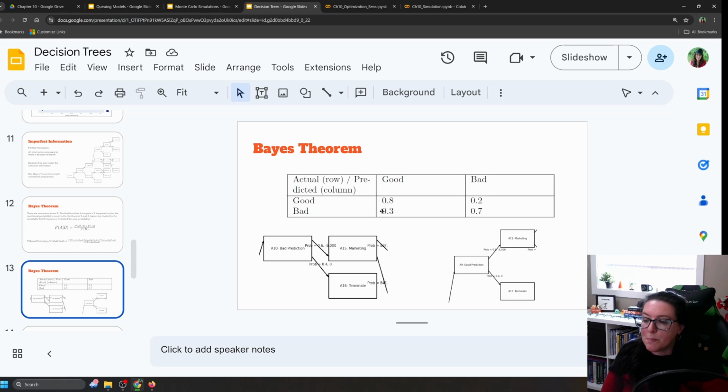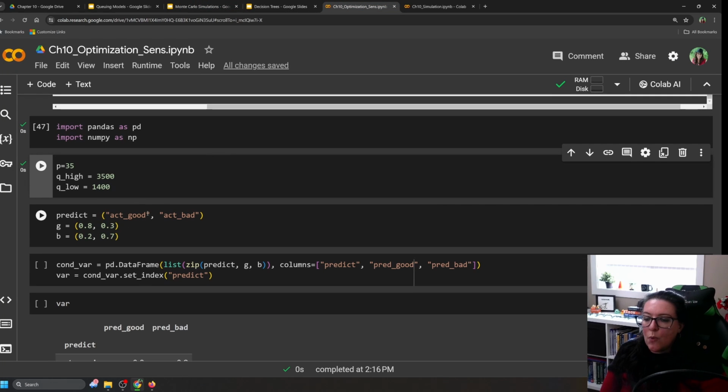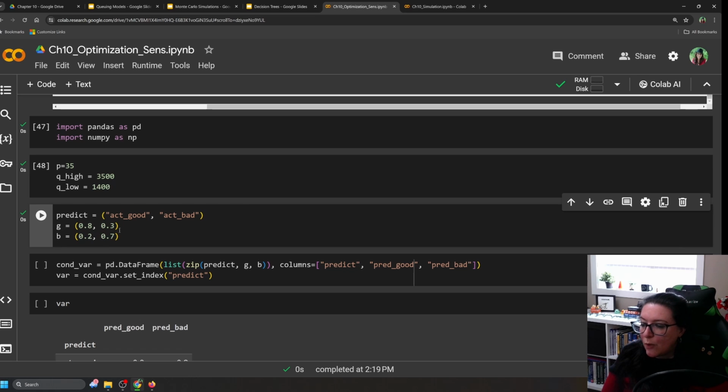If reality was bad, they were good 30%. So we're basically creating a little table here, right? Actual good and actual bad. They predicted good, 80% and 30%. They predicted bad, 20% and 70%. So we'll load that in.